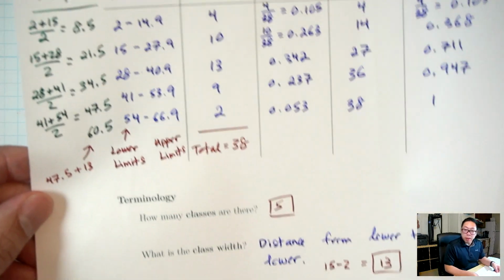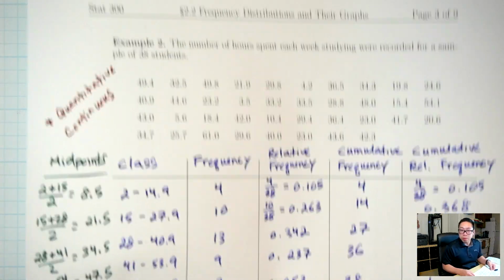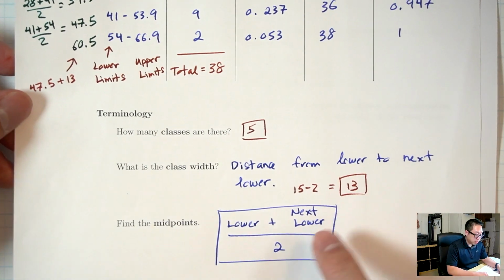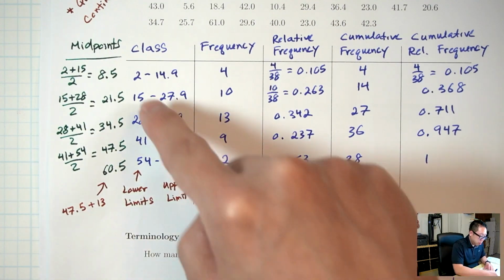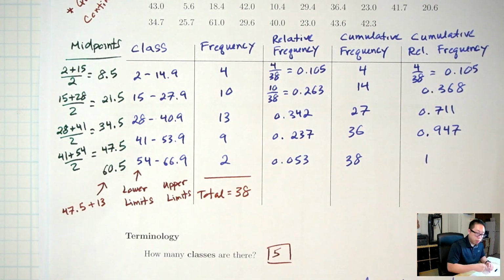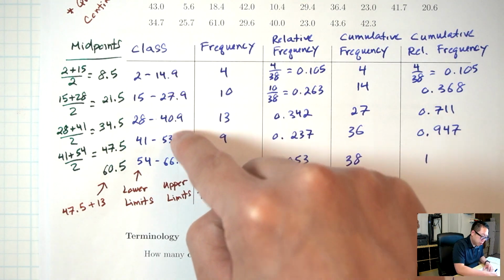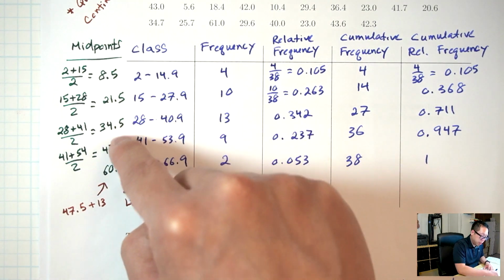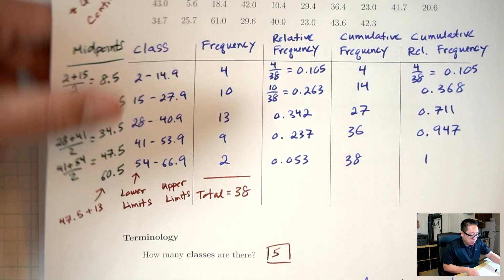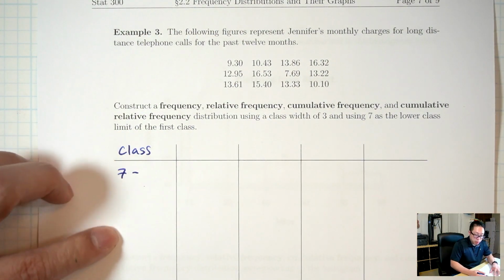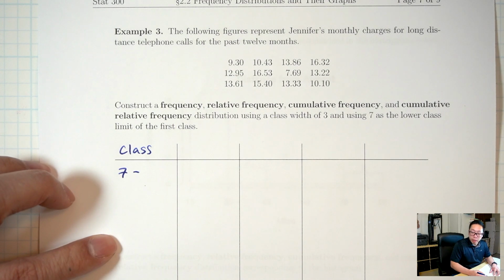So here in my previous example, example 2, the class width was 13. And 13 is telling you what all these numbers are going up by, right? The lowers are going up by 13, the uppers are going up by 13, the midpoints are going up by 13. So a class width of 3 is telling me that the lowers should go up by 3.